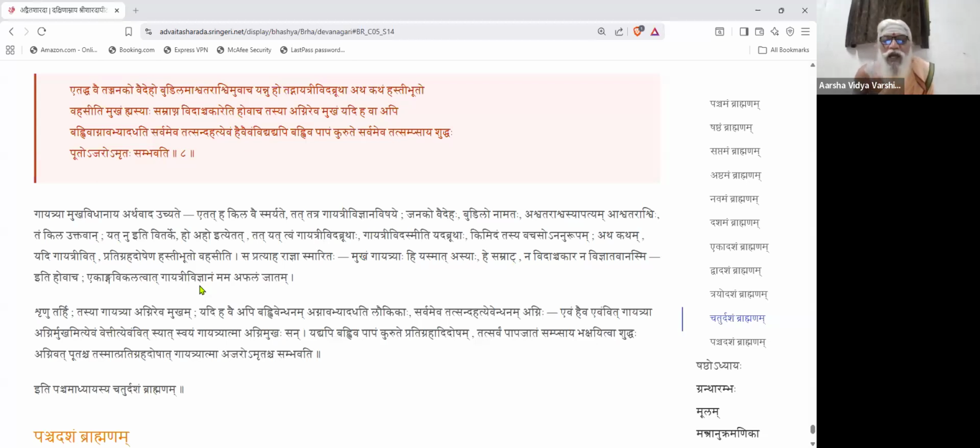And what did he say? Janakaha Vaidehaha. Janaka is the king of Videha, correct? So that's why he is called Vaidehaha. Budilaha Namataha. So Budilaha is the name of the person to whom he is talking now. And who is this Budilaha? Ashwatarashvasya apatyam. So his father's name is Ashwatarashva.